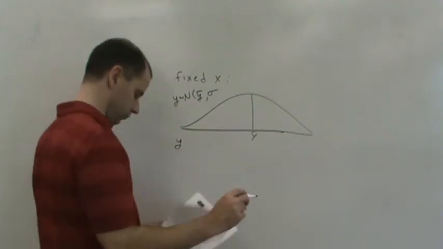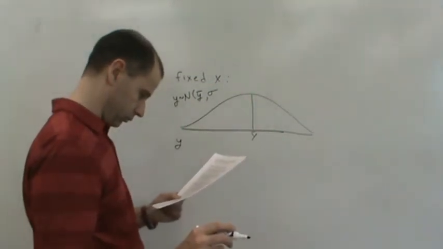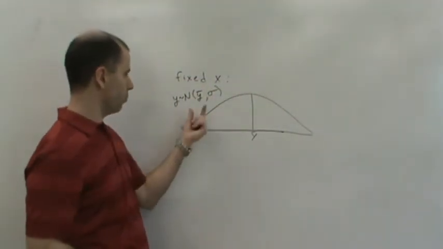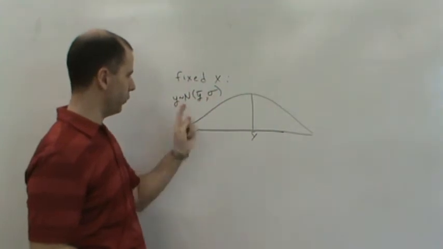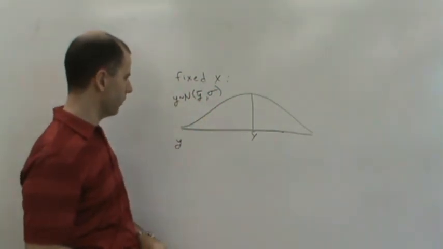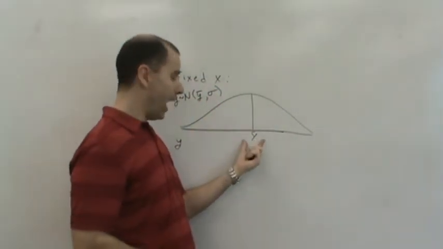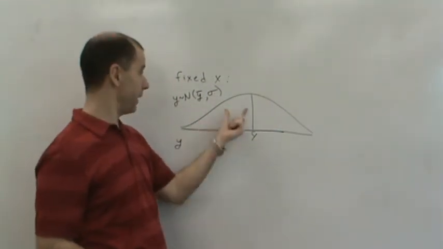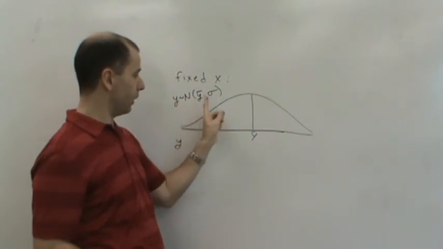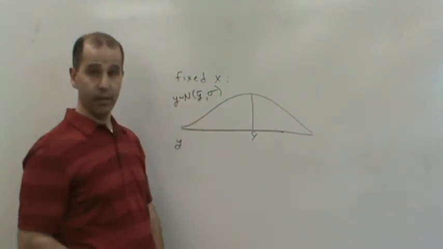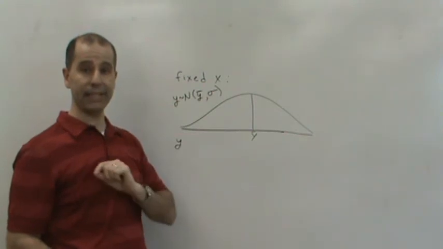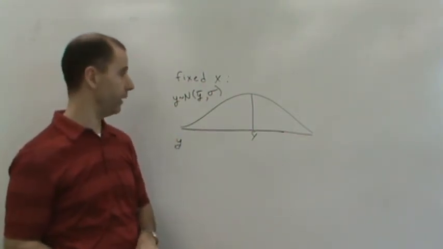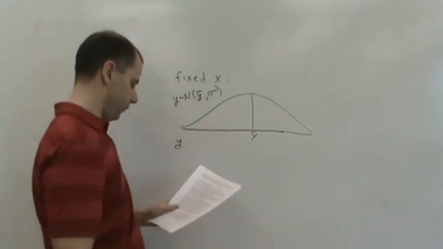Meaning that regardless of the x value, if we change the x value, the y bar will change, depending on the x value, but what's not going to change is sigma. The standard deviation of the y's will be the same regardless of what the x value is.